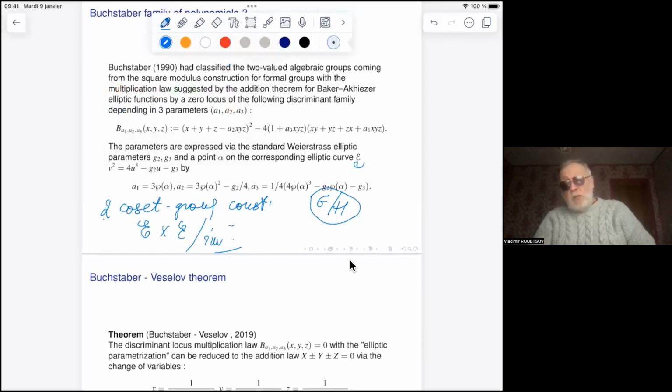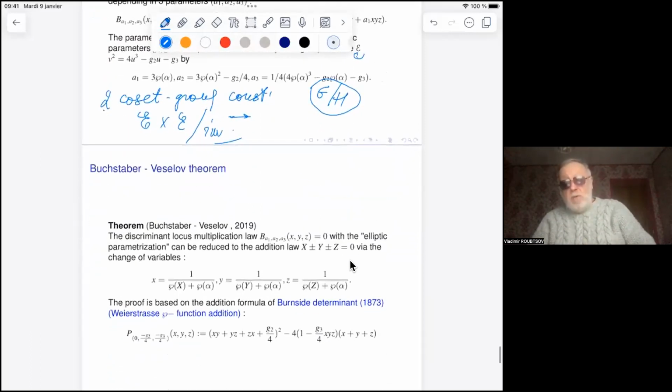If you take this construction formally, you obtain some two-valued group, and this is exactly what Buchstaber had. It also looked miraculous how these parameters can be related to this elliptic curve and the point alpha.